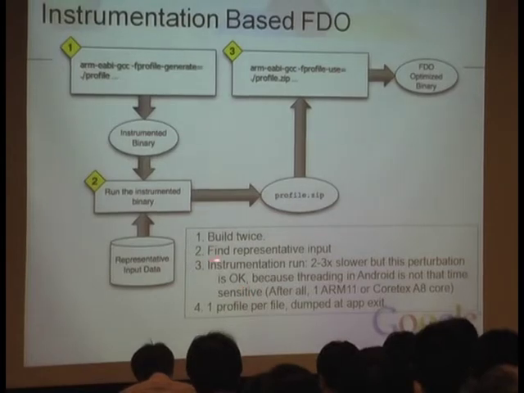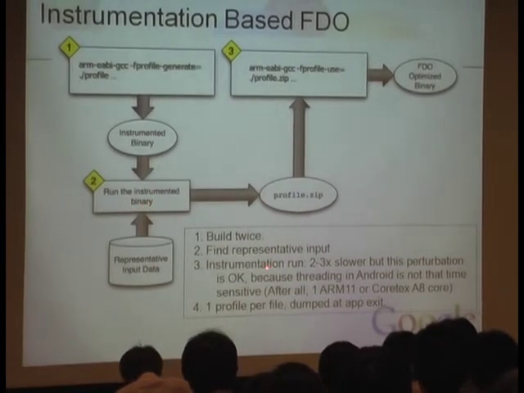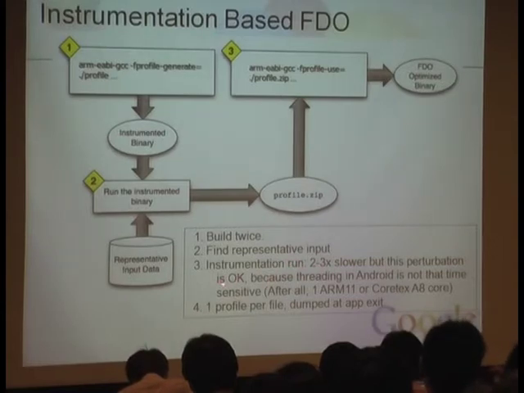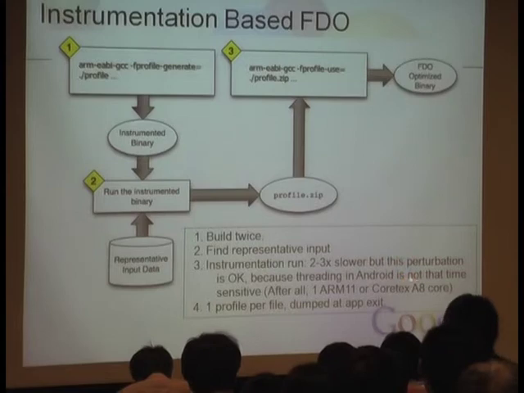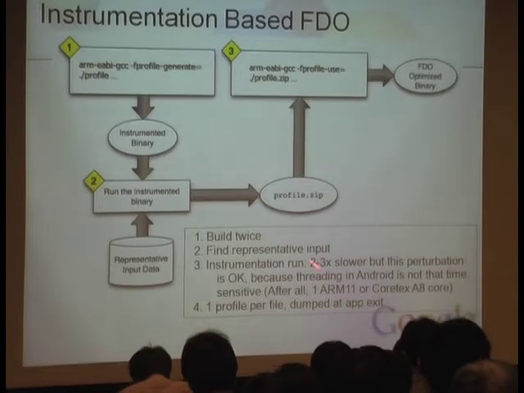The key thing is you find representative inputs for the second step, and then the instrumentation is slower, but it's okay. It's not the final binary, and also Android is not that timing sensitive. You won't introduce data race during the instrumentation. So you can believe the instrumentation data and then use it for optimization later on.